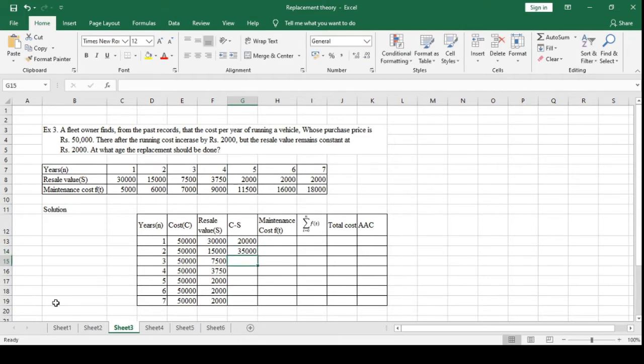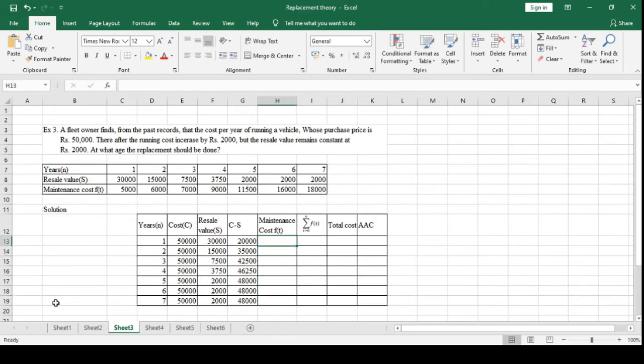Then 50,000 minus 7,500, that is 42,500. Similarly subtract each one and you will get 46,250, then 48,000, and 48,000 will remain constant for the last 3 years.